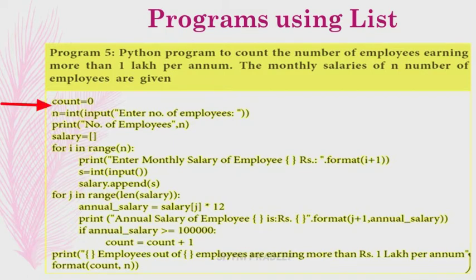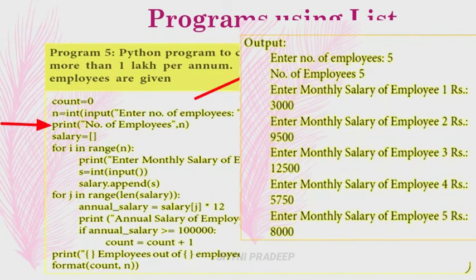Initial value is what? 0. And next, n is equal to input, enter number of employees. You have to input the number of employees. If you give 5 for number of employees, it will be printed on the output screen like this, number of employees 5. That is the print statement.